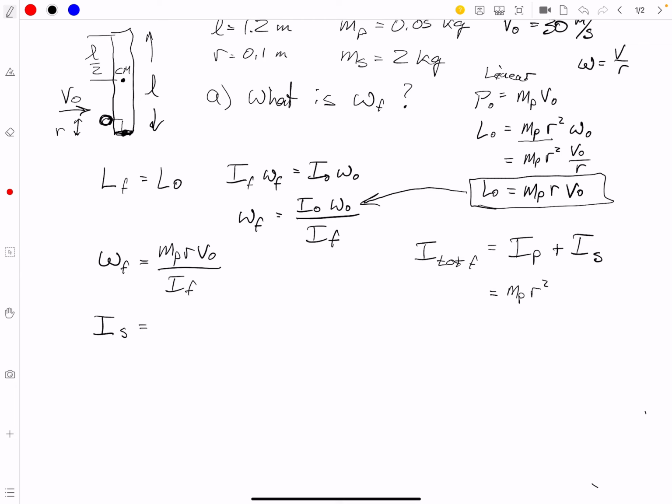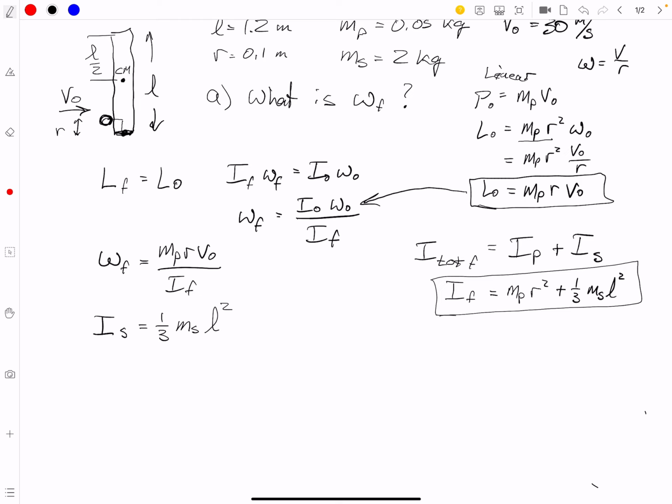I stick is equal to 1/3, I'm using the table that has all the moments of inertia on it, and that's 1/3 mass of the stick times the length of the stick squared. Good. So we'll write over here 1/3 mass of stick times the length of stick squared, and I'm just going to write it as I_F. And that is gold right there. A little box around it.